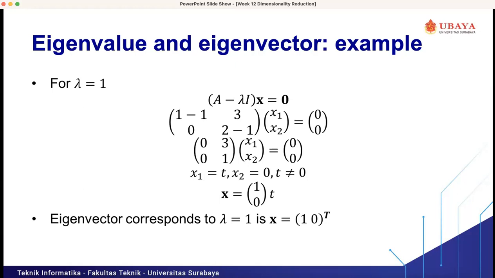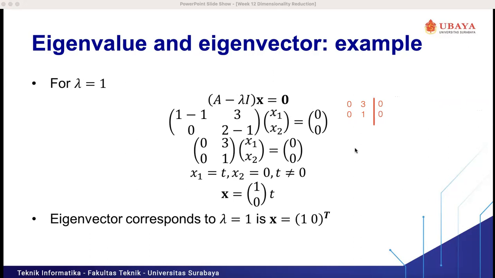If we have values like this, 0, 3, 0, 1, then it will be 0 and 0, because the solution of the equation is 0.